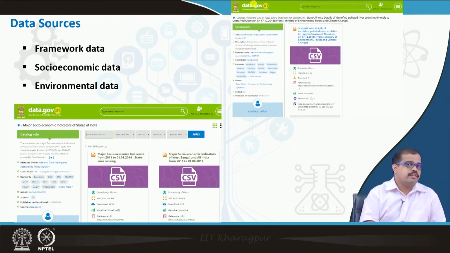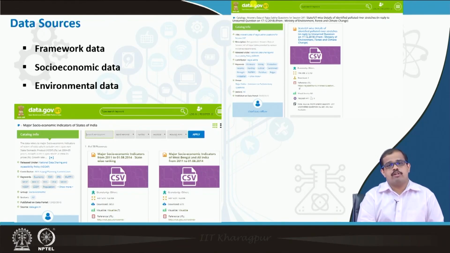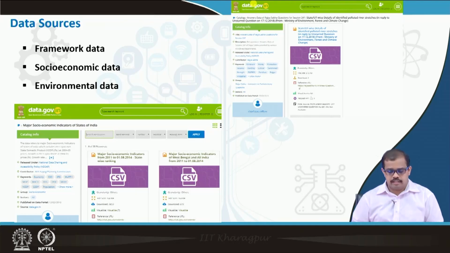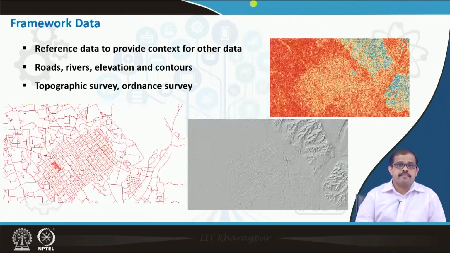So, whenever you are downloading any data from this particular website, the metadata associated with it can also be downloaded or at least looked at. So, please look at this particular website data.gov.in at your leisure, but please look at it. It is extremely good and very efficient and a good effort from Government of India in terms of sharing the data to the general public.